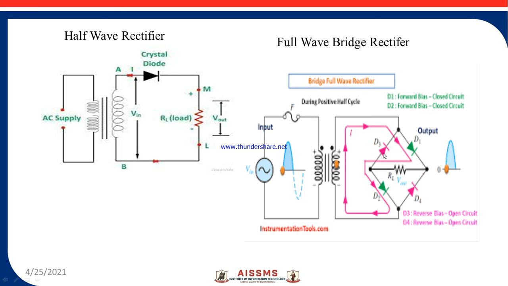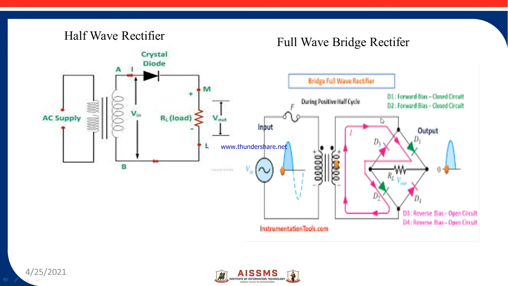Now how will the current flow? The current will flow from the positive potential appearing at this point, then pass through D1, the forward current. Then it goes towards RL, through RL, then through D2, and finally to the negative or lower potential of the circuit.